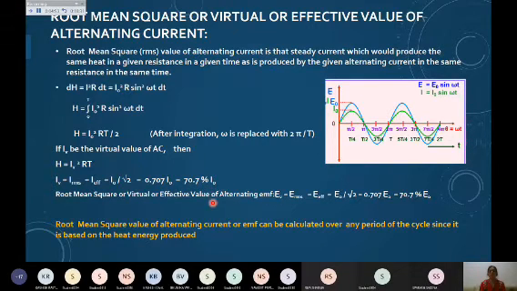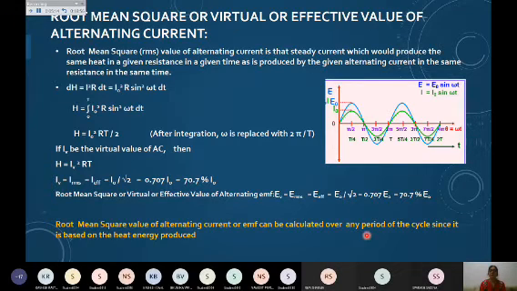So this is the RMS value or the effective value of the alternating current, and you can do the same for the alternating EMF on the same lines, and you will be getting the similar result. That is again E effective or E RMS equals E naught divided by root 2.